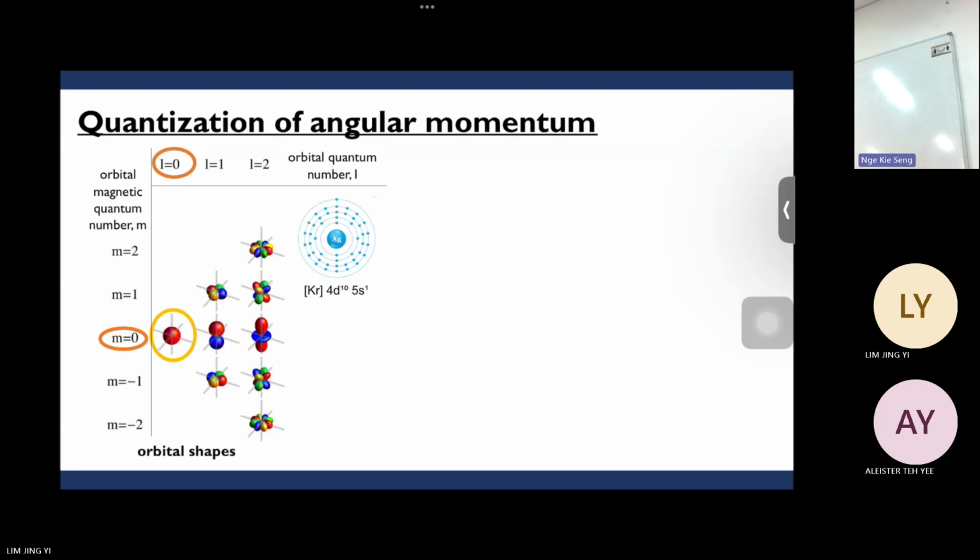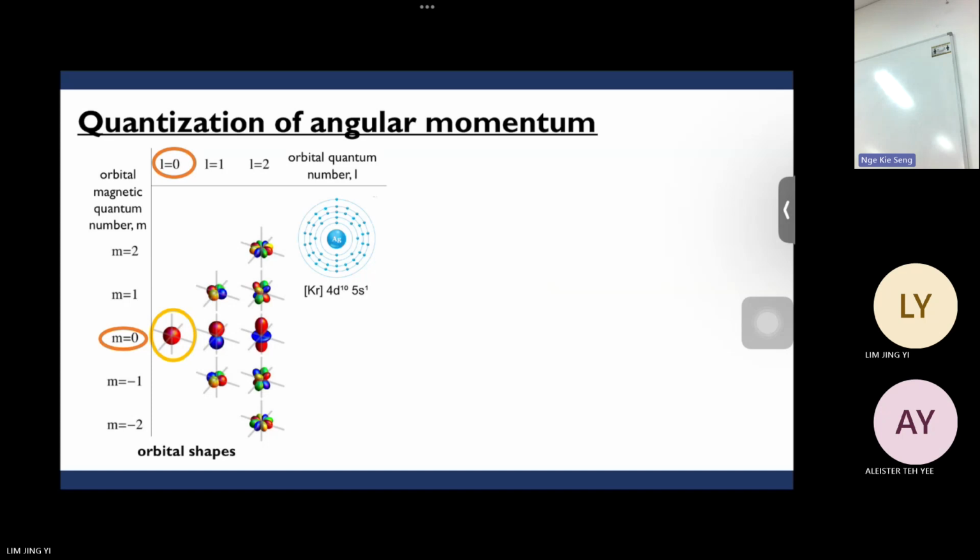So the angular momentum for the orbital, L, can be determined by the orbital quantum number. Different electrons occupy different states, so they might have L equals 1 or 2 or 3. But for orbital angular momentum, we only have one magnitude.